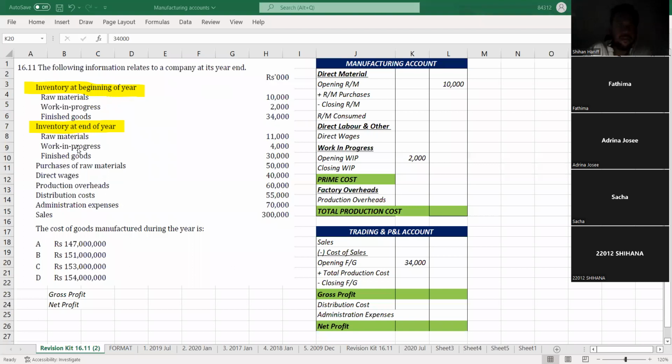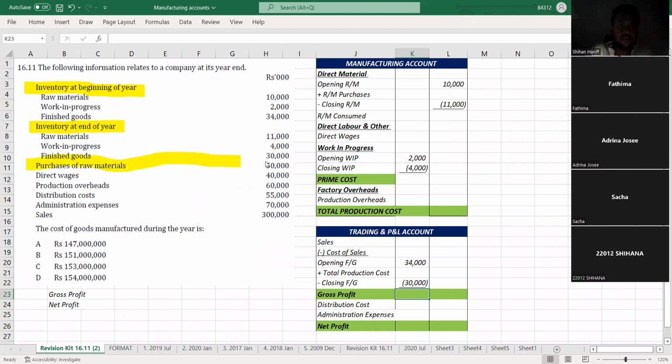Then the closing inventory: raw material 11,000. Work in progress 4,000. Closing finished goods 30,000. Right, so that part is done.